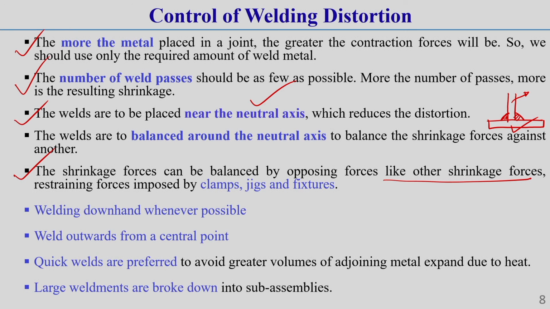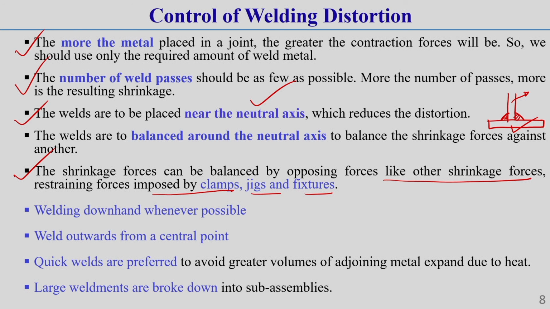Just now I have already explained, and also we can control the distortion by restraining forces imposed by clamps, jigs and fixtures. That means by some extra holding device that holds the plate rigidly, you can say. That holding device has different names, like clamps, jigs and fixtures.